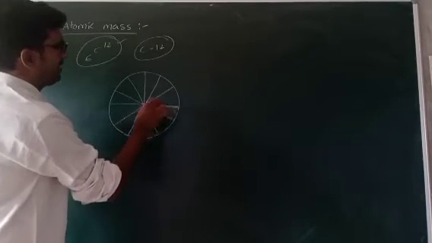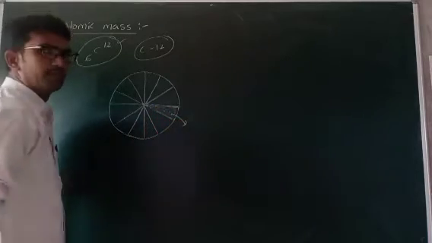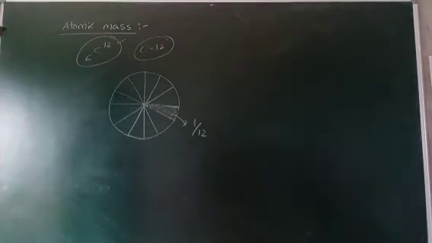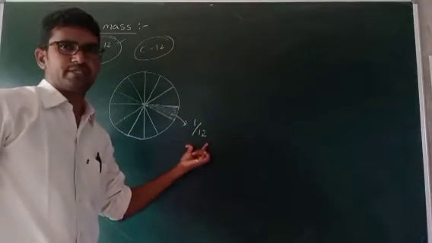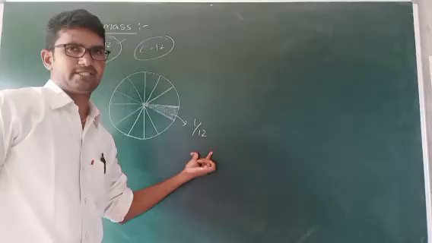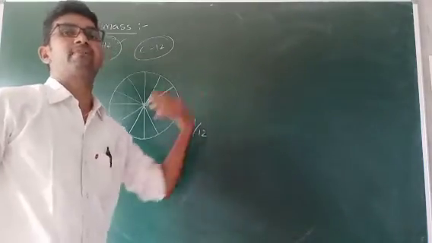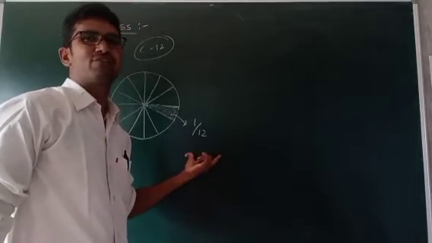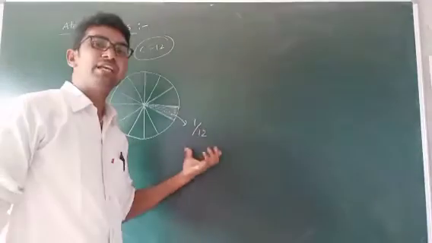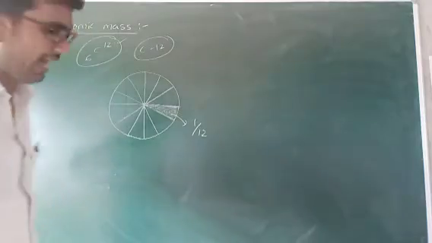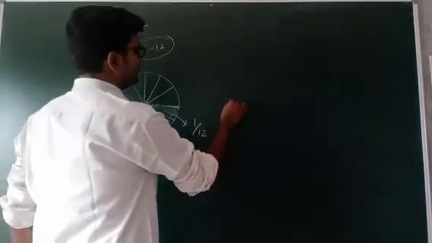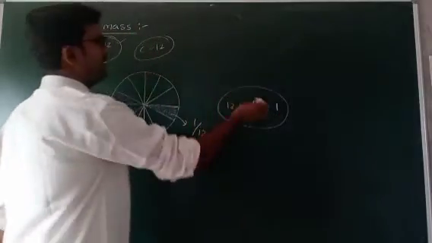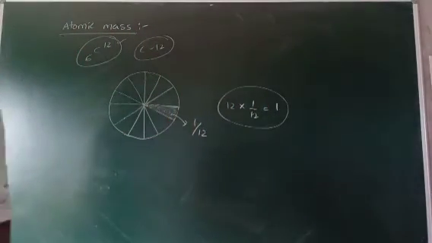This part is 1 by 12 part. This 1 by 12 part is taken as the consideration, compared with the other elements. How many parts equal to this one? For carbon, exactly 12. So 12 into 1 by 12 equals 1. For carbon, 1.